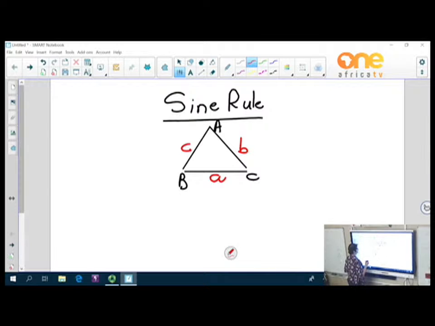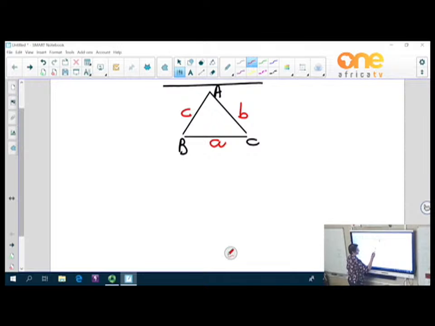The rule says A over sine A is equal to B over sine B, but it doesn't matter, it might be C as well. Two sides and two opposite angles. The one that you want to calculate is the one that we put in the left-hand top. So if it is a side, we use this one.